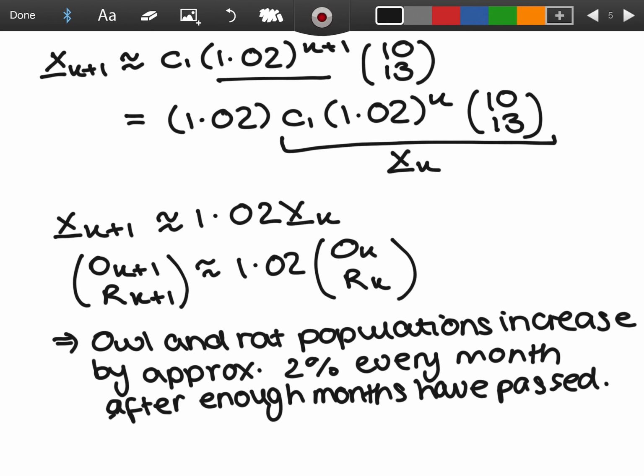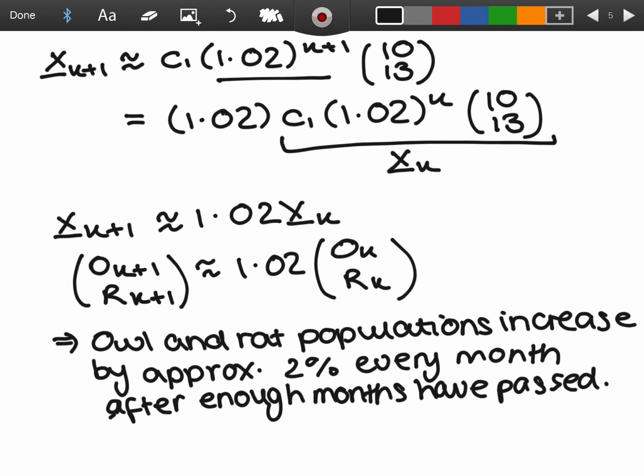So what we can see here is a dynamical system where you have that matrix A. That matrix A had 2 eigenvalues, one of which had magnitude less than 1, one of which had magnitude greater than 1.